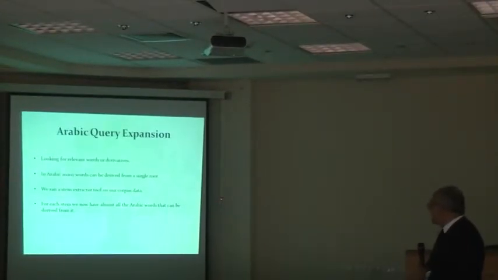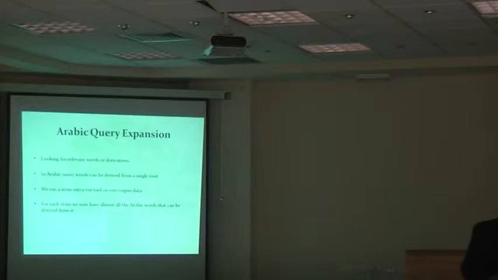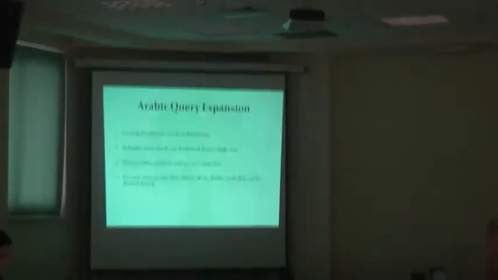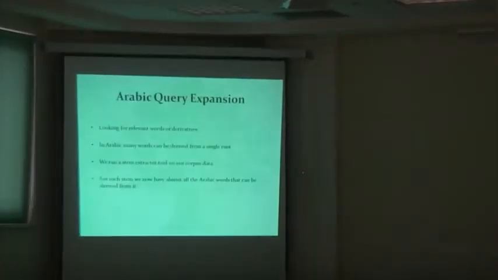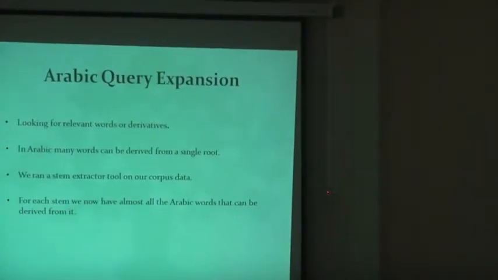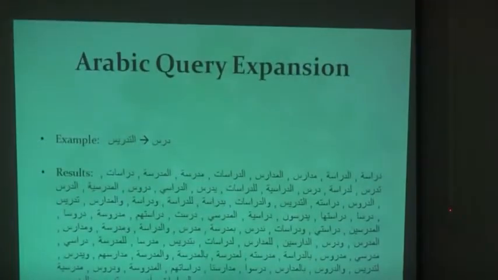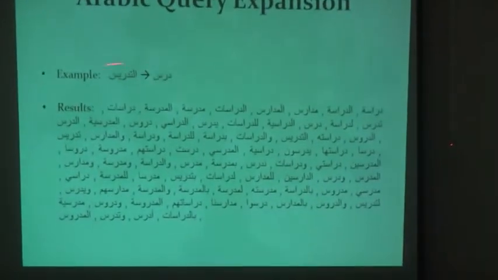The expansion idea is basically that you shouldn't be looking for an exact match of words, but rather you should also consider derivative words. And in Arabic, derivatives can grow dramatically. I think we have some examples.